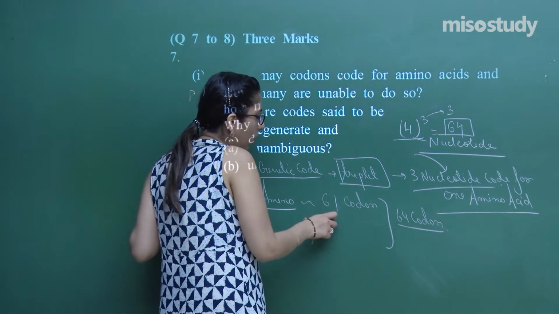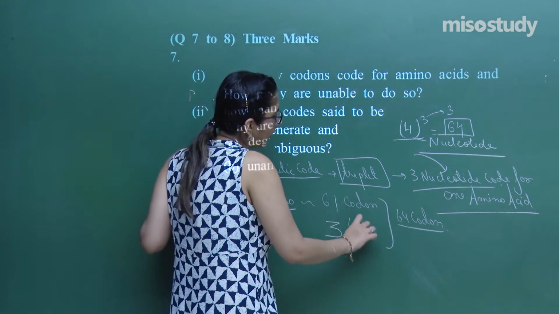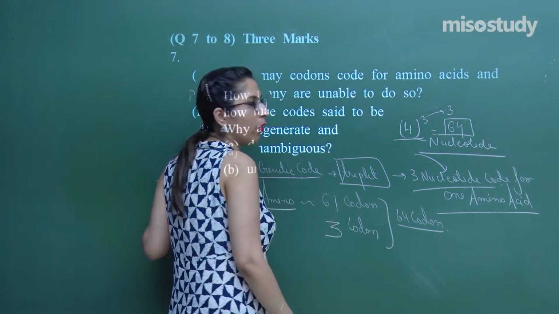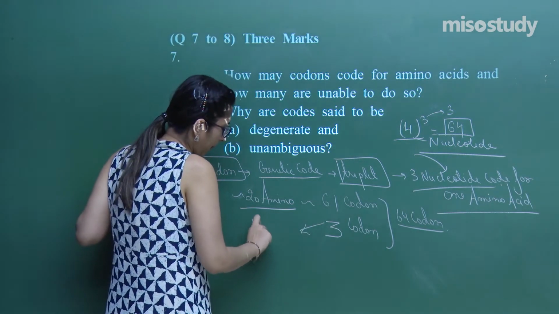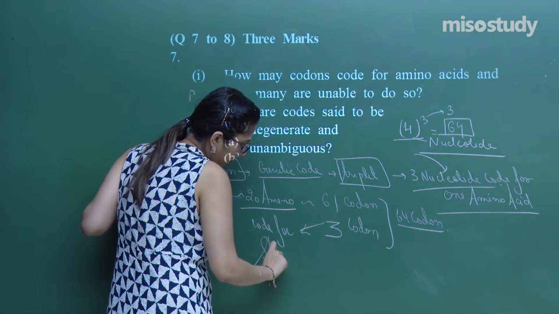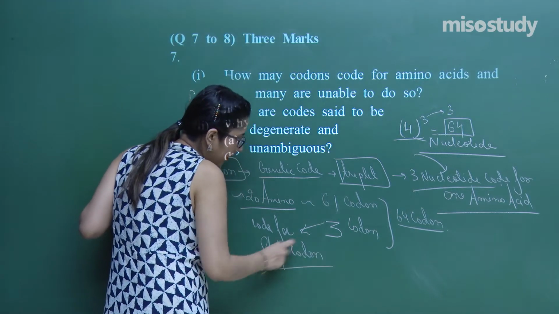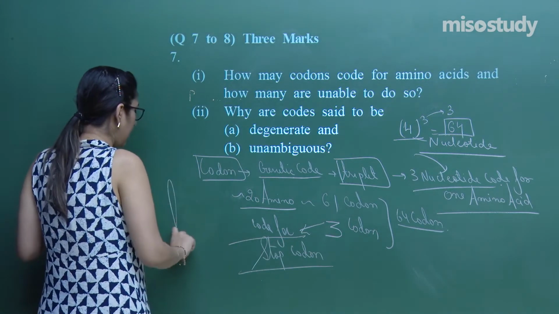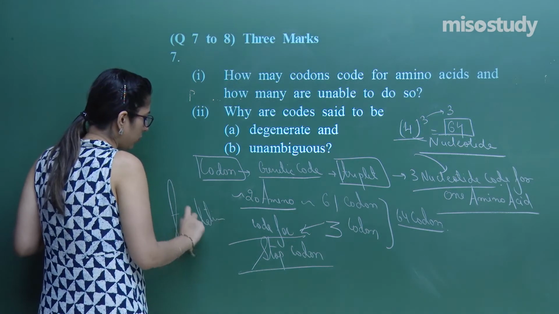Whereas what about the rest 3? The rest 3 codons do not code for any amino acid. Rather they code for a stop codon. That means this is the place where the whole translation stops.